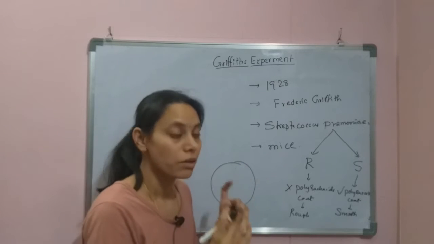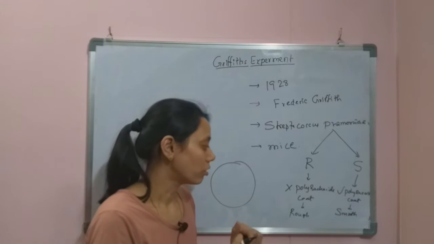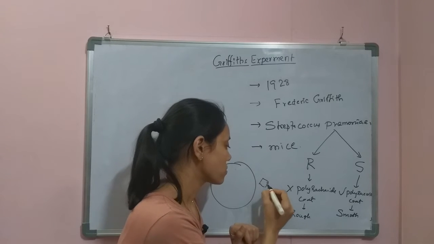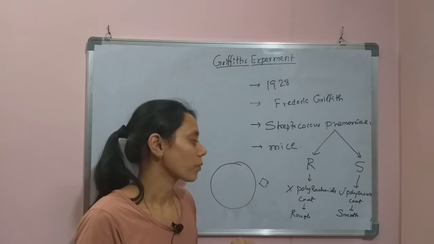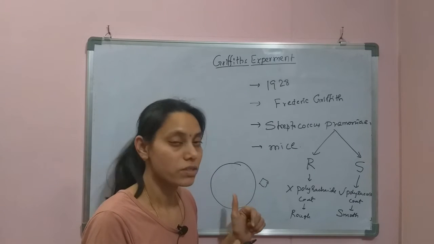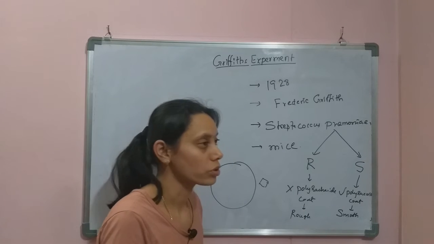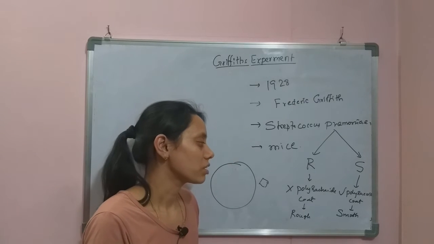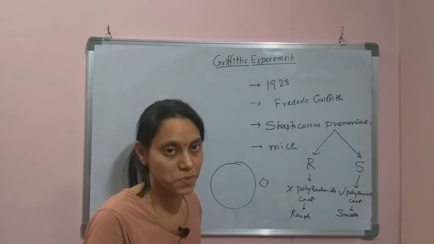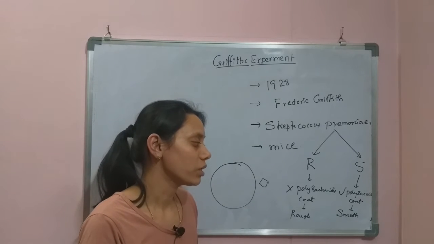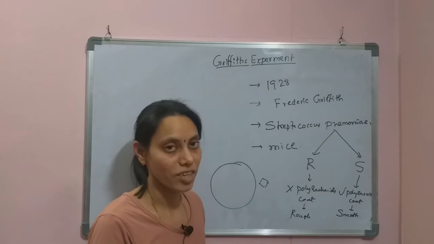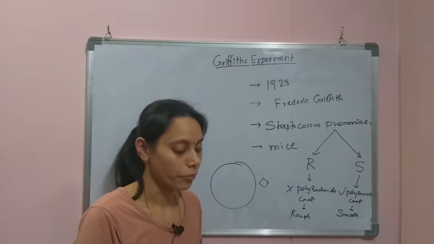Due to this rough shape, it has irregular edges and forms irregular shapes in the colonies on the petri dishes. And the smooth one, which has the polysaccharide coat around it, will produce regular shapes and the colonies will appear in smooth texture. So, that is the difference between R and S strains of the Streptococcus pneumoniae.